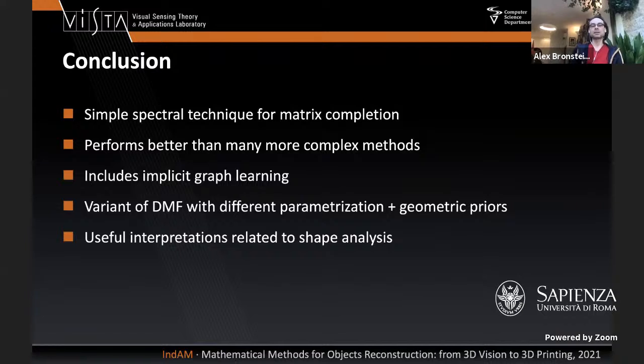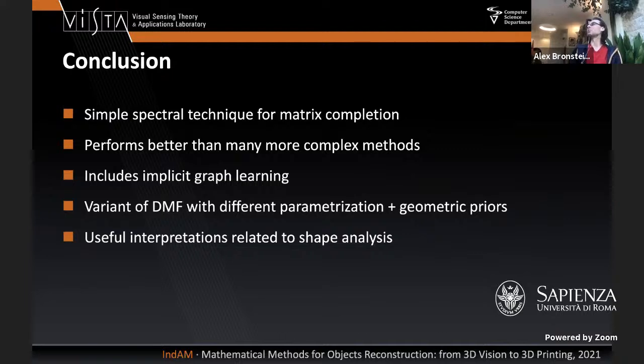It performs better, and now I'm more convinced because we tested it on many more benchmarks, than most of the other methods reported in the literature. It includes implicit graph learning by learning those left and right factors, those bases. And it has useful interpretations related to shape analysis.